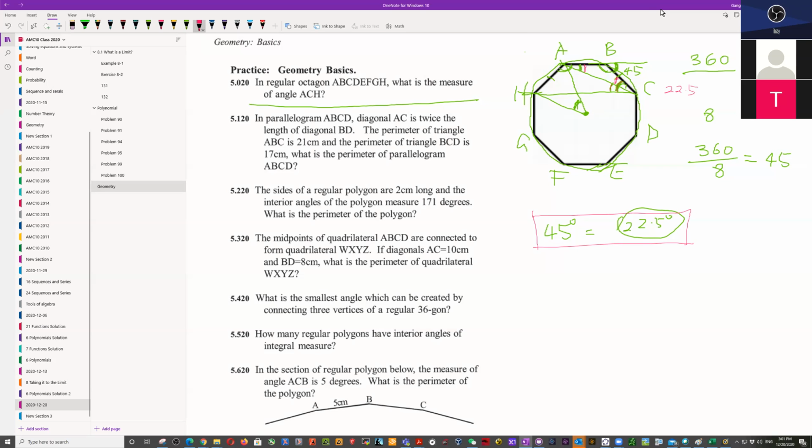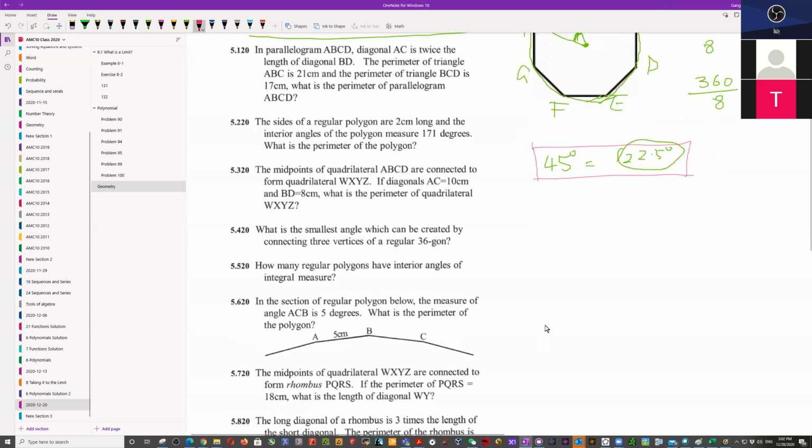And I am also using the isosceles nature of the regular polygon's adjacent sides, then I am able to get this. So there are a bunch of ways to do it, but just remember that when doing this, the exterior angle is much easier to use than the interior angle.